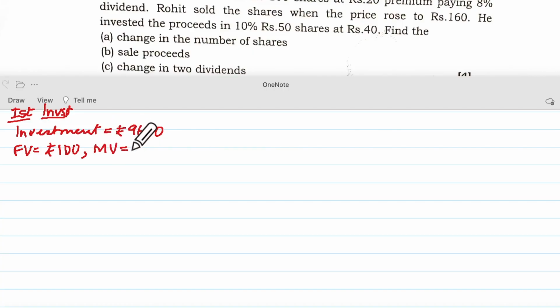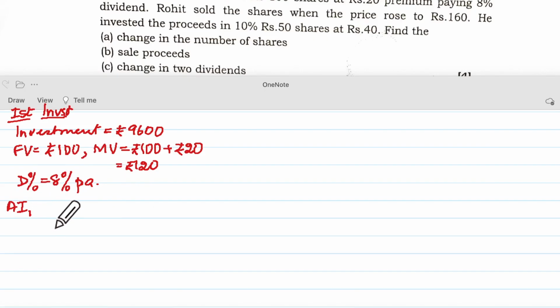So MV is going to be rupees 100 plus rupees 20. You will have to show that because you are not writing its premium, no? So 120 you will have to mention. And paying 8% means D percent is 8% per annum.